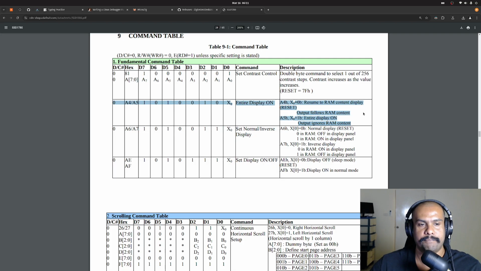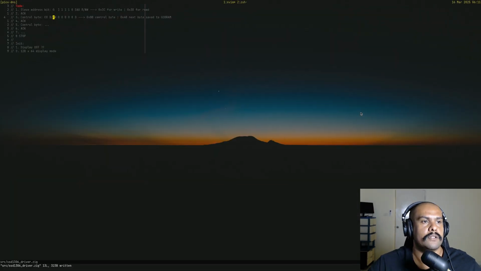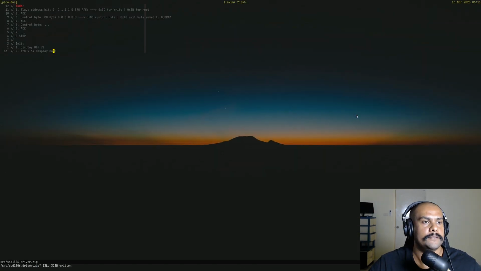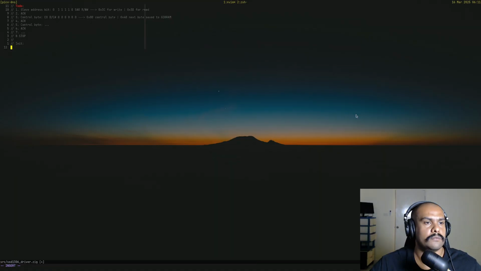Okay. Let me take a note of the page's command table. Let me just remove this because I don't know yet.